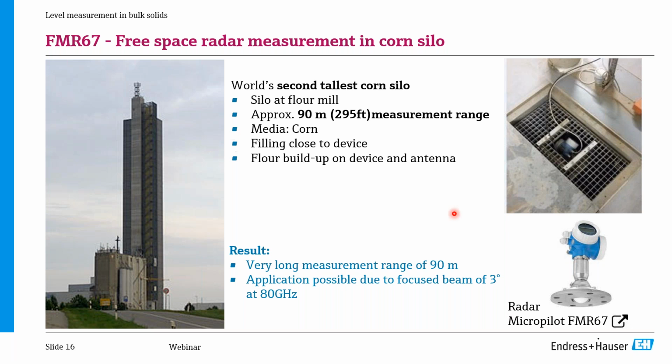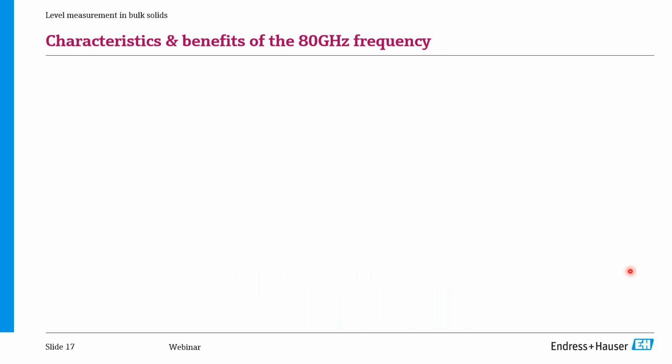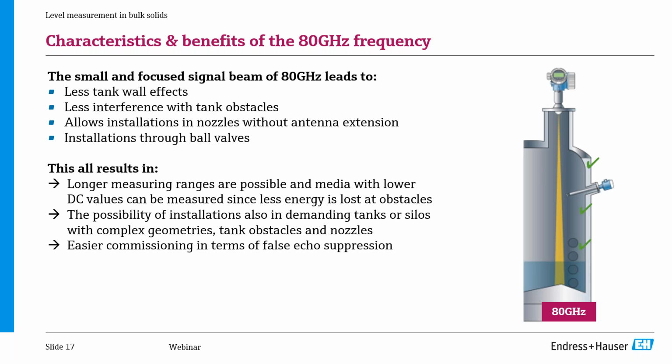So let's see some of the characteristics and the benefits of the 80 gigahertz frequency radar. Okay, so the 80 gigahertz radar is the result of nearly 5 years of development to really deliver a state-of-the-art radar that can be used both in liquids and also in solids. And since we're able to measure with a more focused and small beam angle, we can take advantage of, for example, the last wall effects.